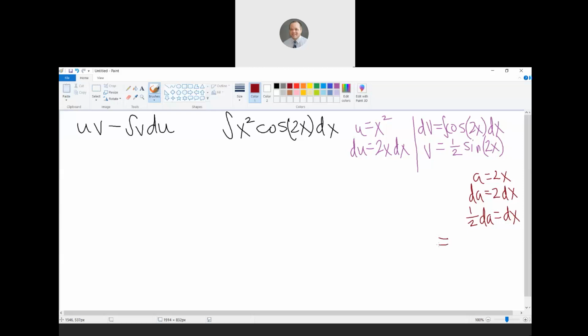So what I did then is in place of 2x, I plugged in our a, and our 1/2 goes on the outside. The integral of cosine a is sine a.